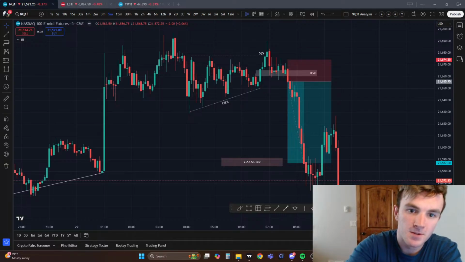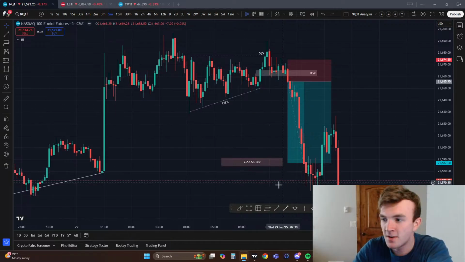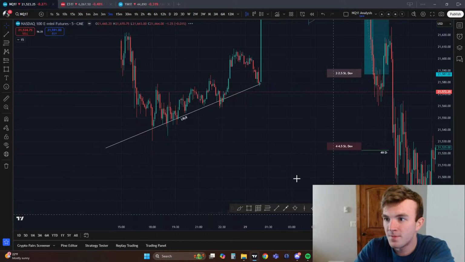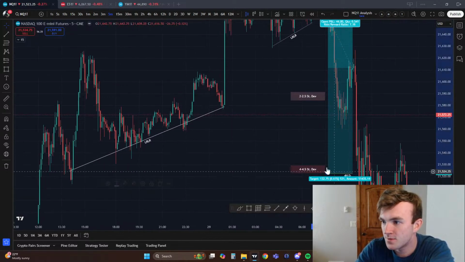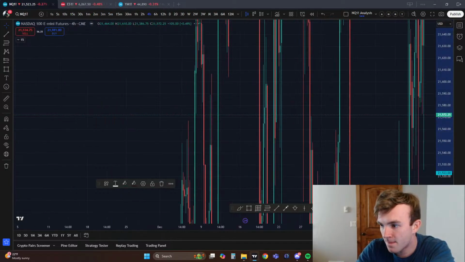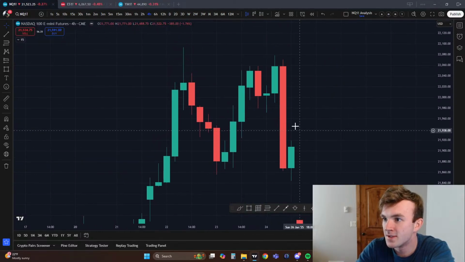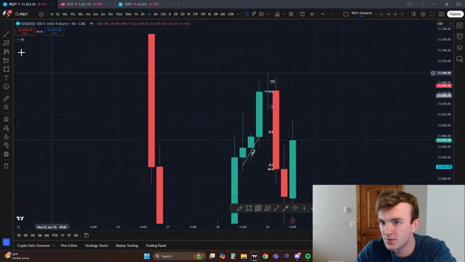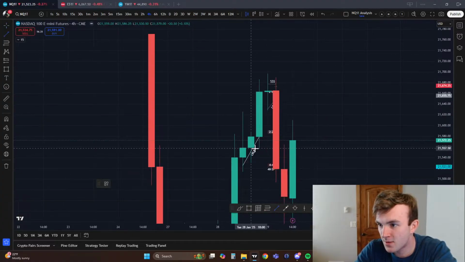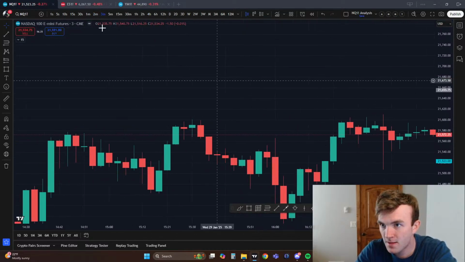Runner to the 2 to 2.5. And then let's say you left a runner down to essentially our 4-hour CRT low. Real quickly, let's look at that. The 4-hour CRT low was right here. So let's say you took a runner down to this. 5 minute.